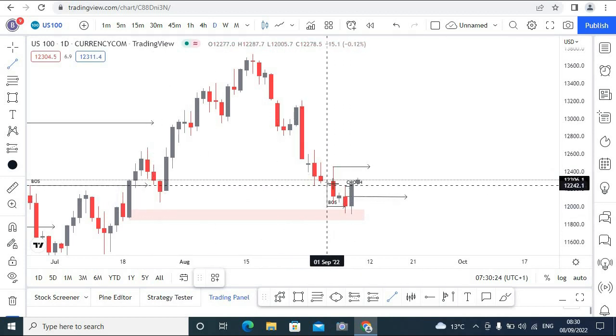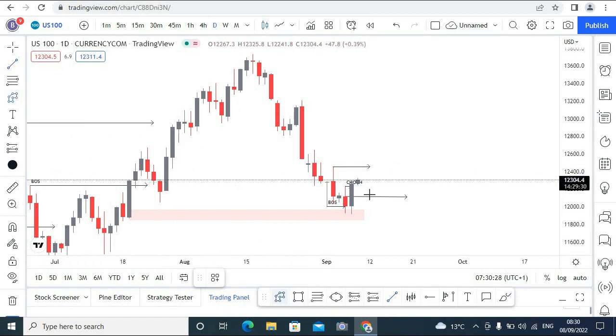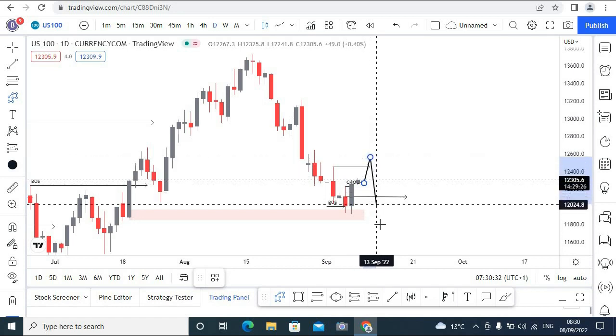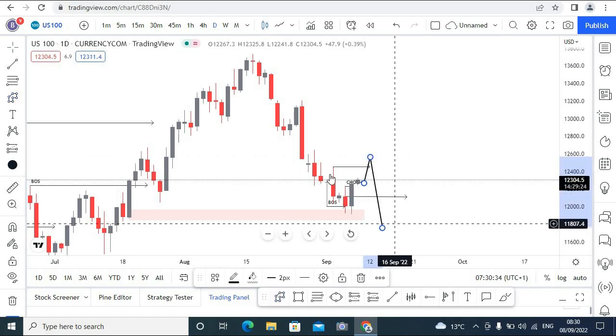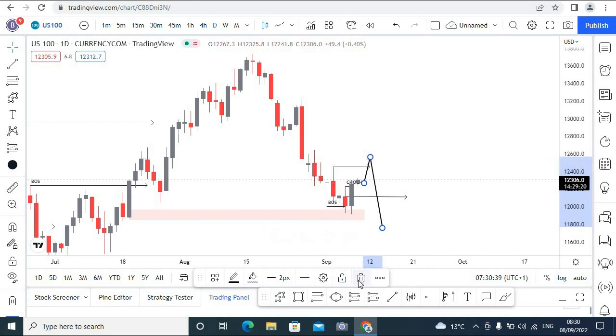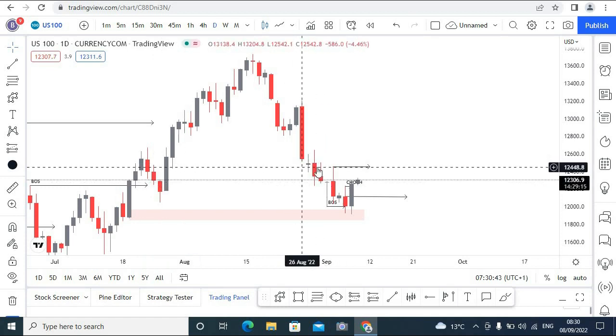This one was created after the breakout structure, so it's possible that the price can also come back to this zone and then continue going to the downside, right? Because remember, there's a failed order block right there. As you can see, this is a failed demand, and this can be a flippy supply.